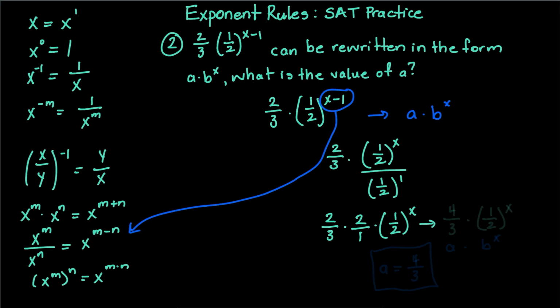And this becomes 4 over 3, because we multiply fractions straight across, times 1 over 2 to the x. Now we're in the form a times b to the x, where a is equal to 4 over 3.